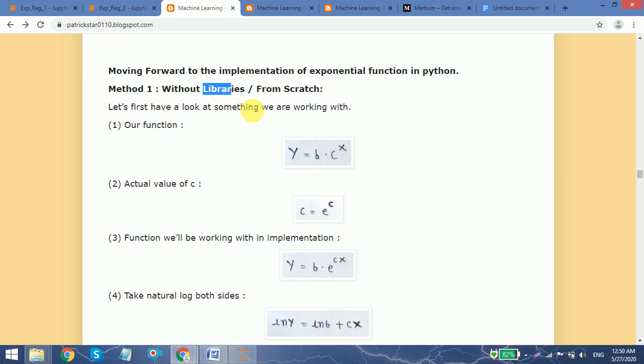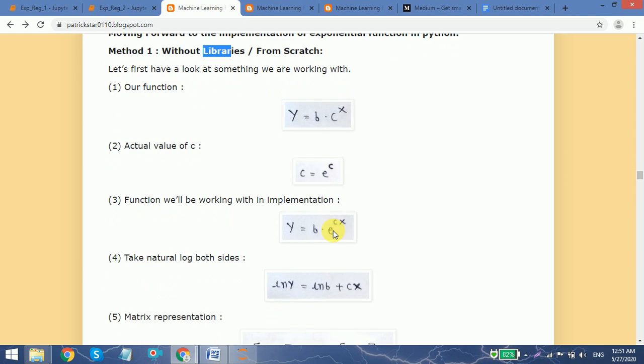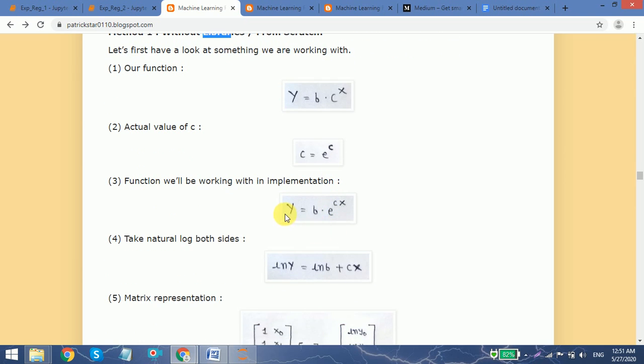Our main function is y equals b times c raised to x. Here notice that c equals e raised to c, but in general we write it as c. So in our derivation, the function we will be working with is b times e raised to cx.